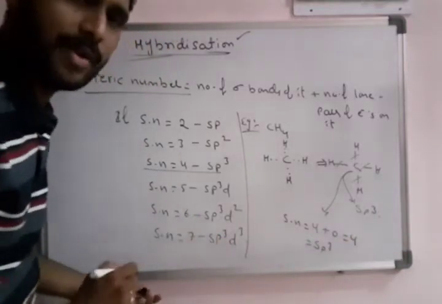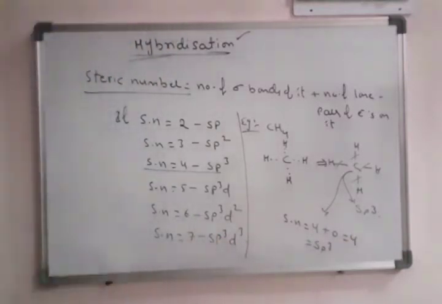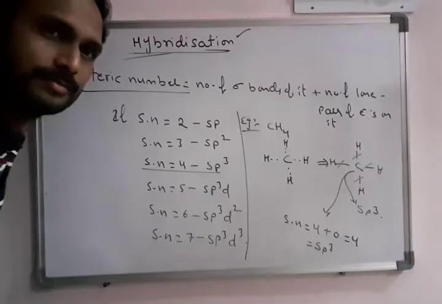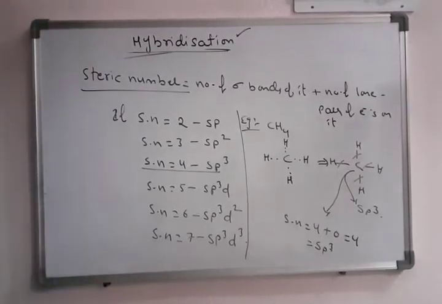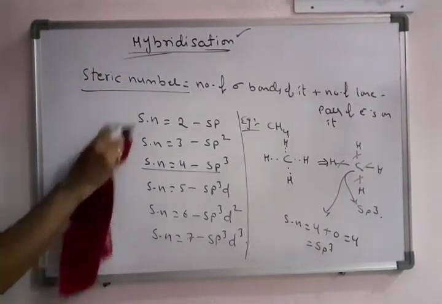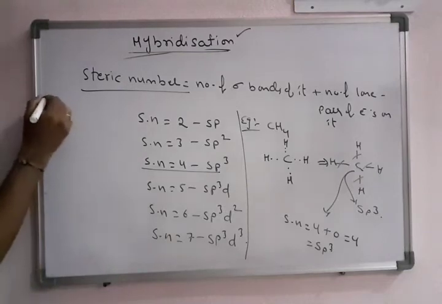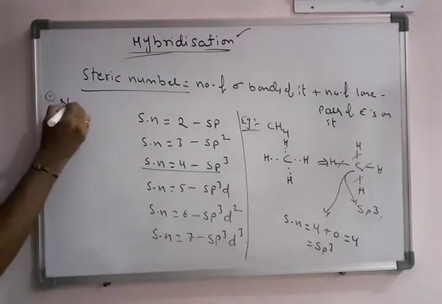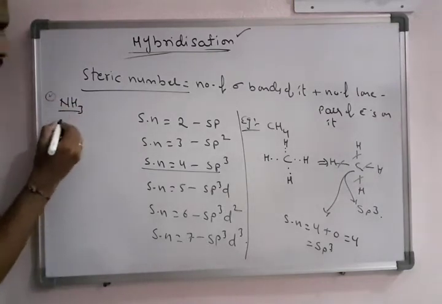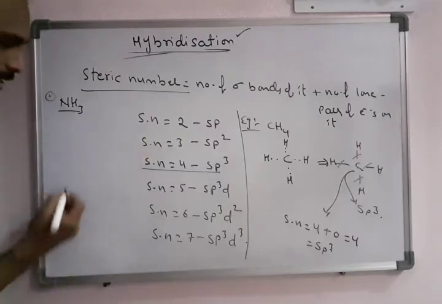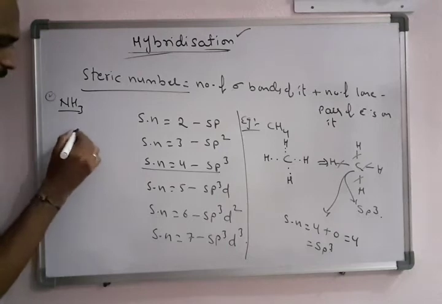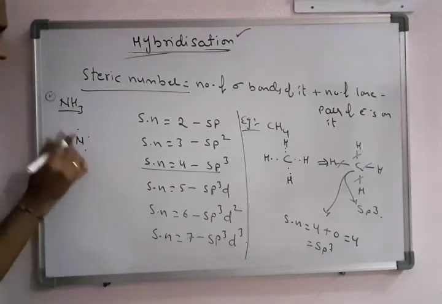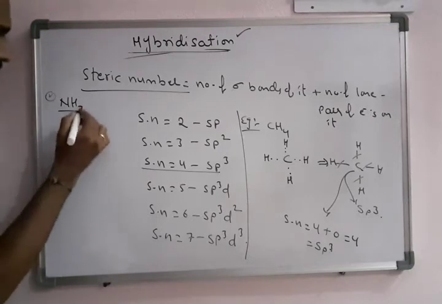Now we see more examples. Take another example, ammonia. What is the central atom? Nitrogen is the central atom. It belongs to the 15th group and has 5 valence electrons.